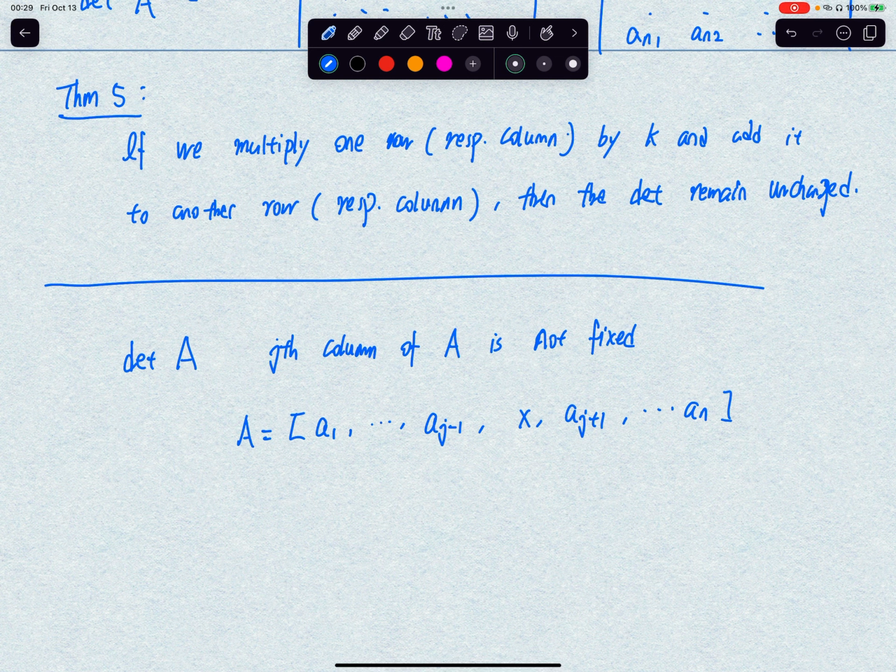And we can define a transformation T, which we will show is a linear transformation.